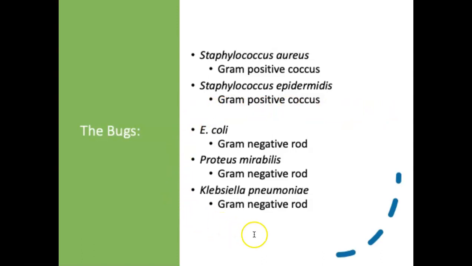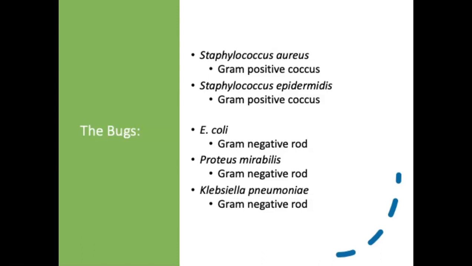Among the gram-negative rods, we know that E. coli is a coliform. Remember, that means it lives in the intestine and it can ferment lactose. Klebsiella pneumoniae is also an intestinal coliform. Again, we haven't seen Proteus mirabilis yet in our exercises, but I'll speak a little bit more about that organism in just a moment.